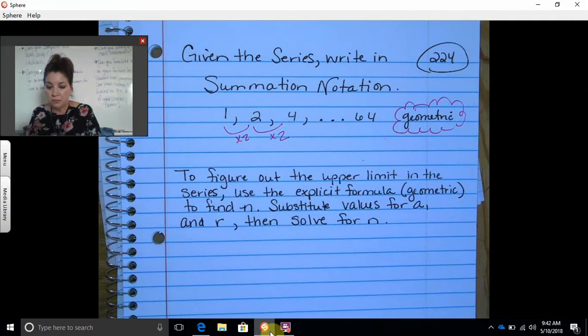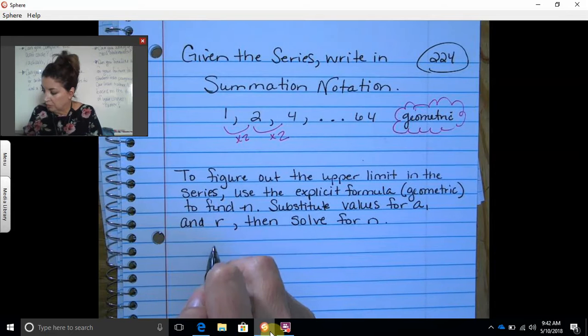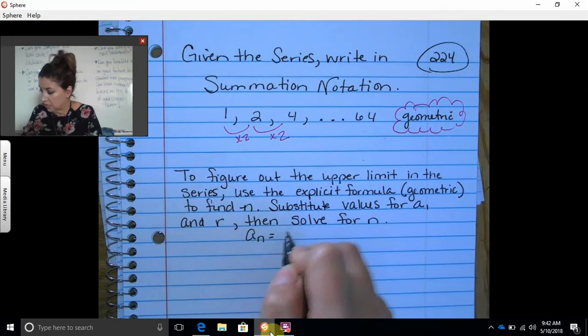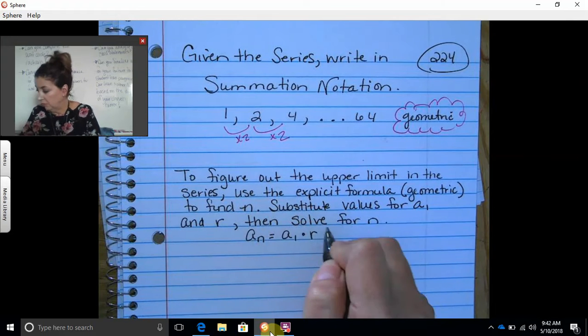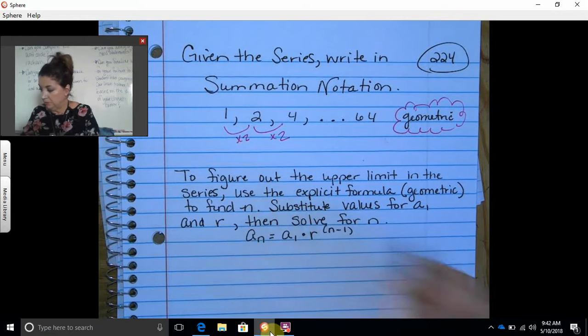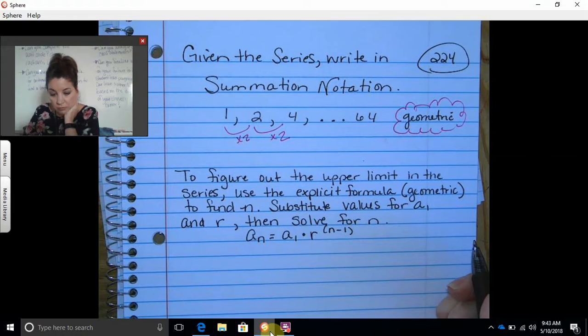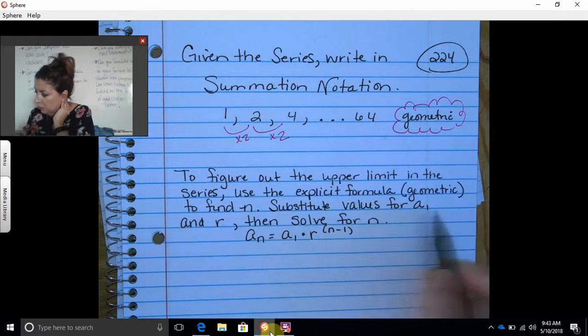So the explicit formula for geometric is a sub n equals a sub 1 times r raised to the n minus 1. I should have probably said substitute values for a sub 1 and r.